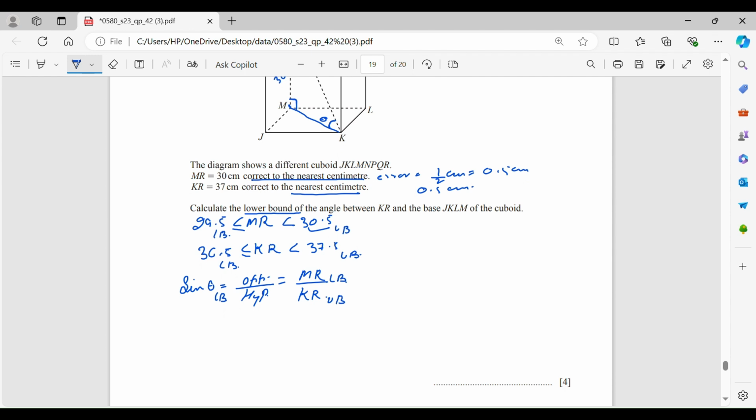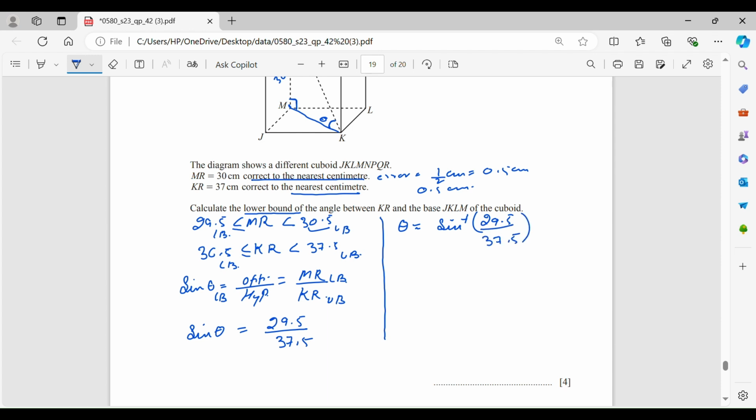Sine theta is equal to MR, the lower bound of MR is 29.5, over KR, the upper bound, 37.5. So theta will be equal to sine inverse of 29.5 over 37.5, right?